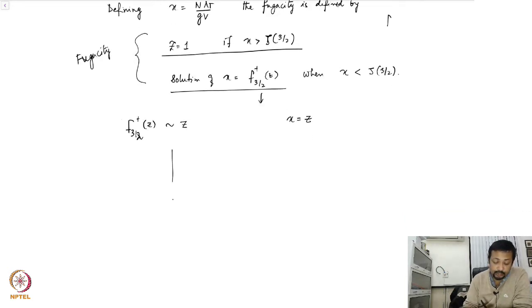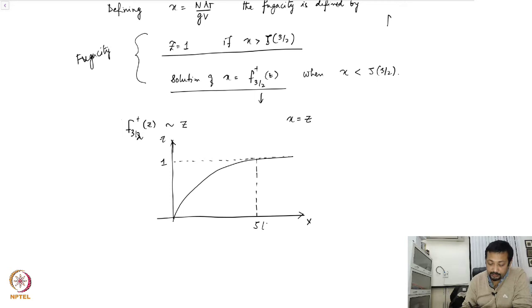If you want to plot the fugacity, so this hits a value 1 whenever your x is greater than zeta 3/2, but for small enough x you'll have z is equal to x.